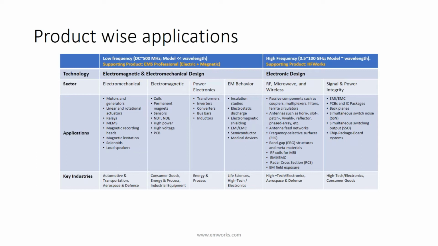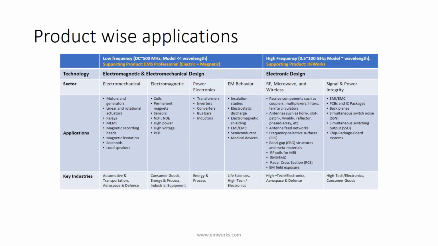And finally, the high frequency product, which can range from a few 100 megahertz all the way to several gigahertz in frequency. Passive RF and microwave components can be designed using the HFWorks product. Mainly, people use them to design antennas, both planar as well as horn antennas.